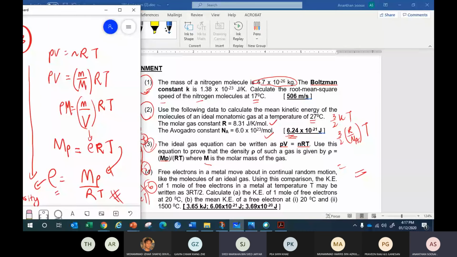Okay, I think the first 3 questions are like a warm up, not tricky ones. I think 4 onwards can be trickier.